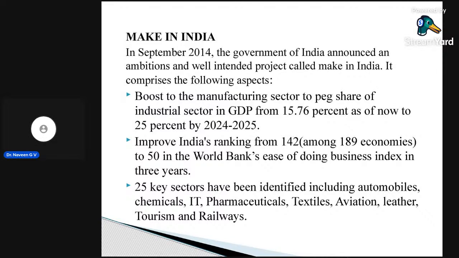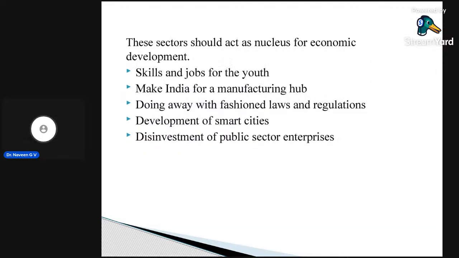These sectors should act as a nucleus for economic development, and skills and jobs for the youth. That is also most important, and make India a manufacturing hub, doing away with cumbersome laws, rules and regulations.